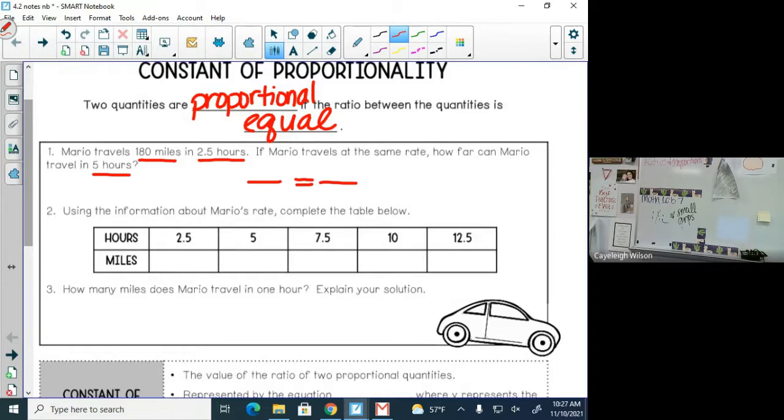So I want you to use that first sentence as your first fraction. First sentence, first fraction. So take the first two numbers and make them a fraction.